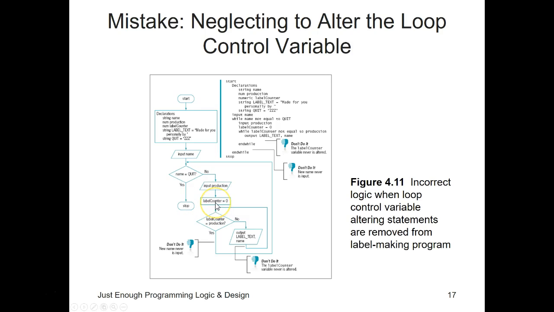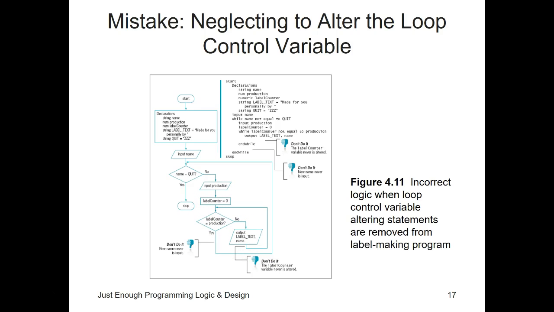We're going to have a label counter equals 0. And then if label counter is equal to production, if that's true, then we exit. Otherwise, we come over here and we output the label text. And we loop over and over and over again.